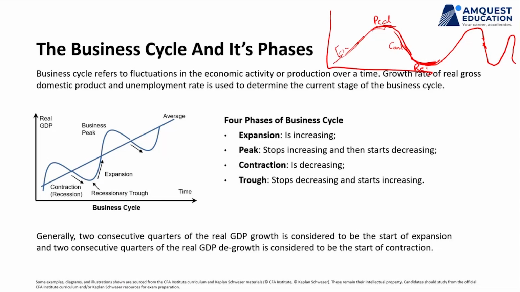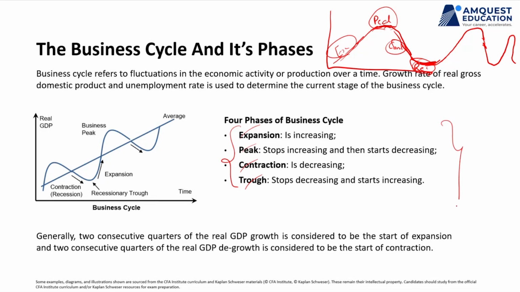Peak might be for 3 months, 6 months, 9 months, maybe a little longer, maybe shorter. So every part of the cycle that I'm explaining may stay for any amount of time based on the economy's direction. Clear? Okay. So one thing you learn, there are four phases: expansion, peak, the contraction, and the recessionary trough.